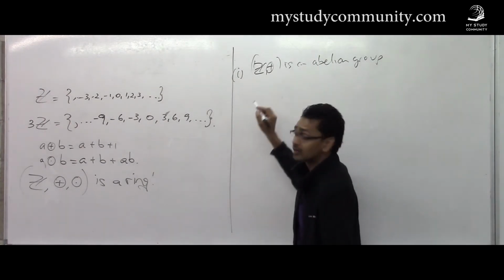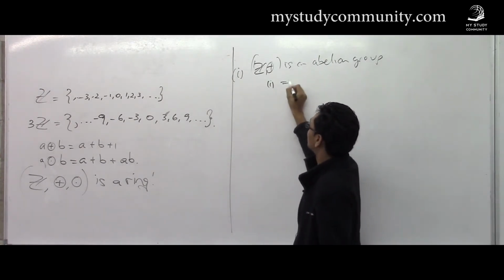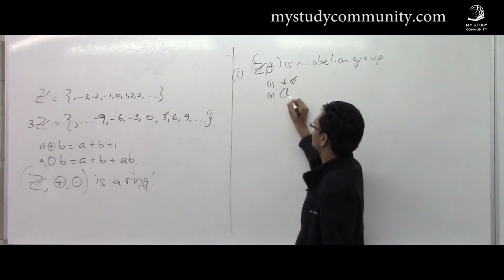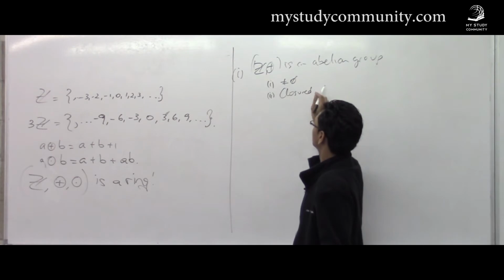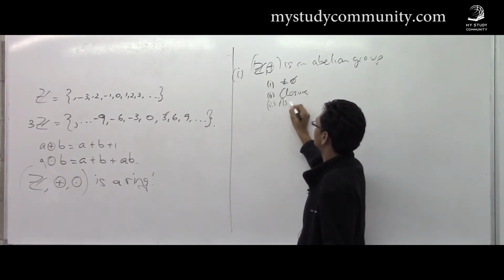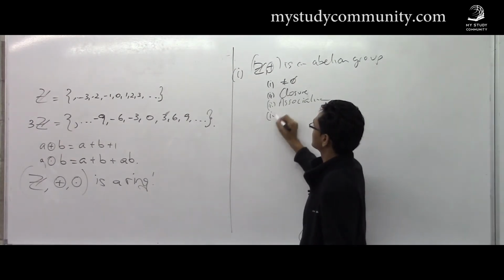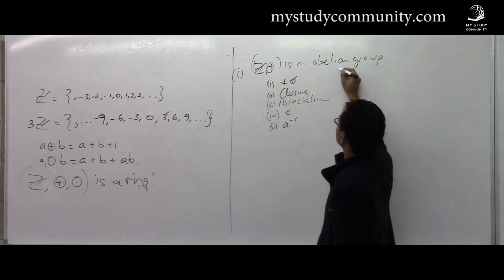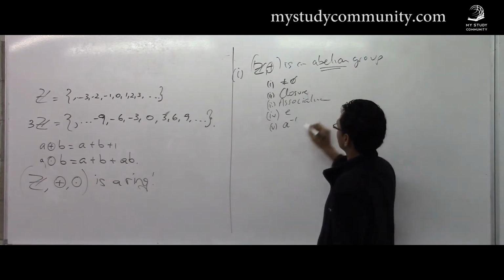Not empty. Closure. Associative. Next one, identity. Last one, inverse. Plus abelian, right?